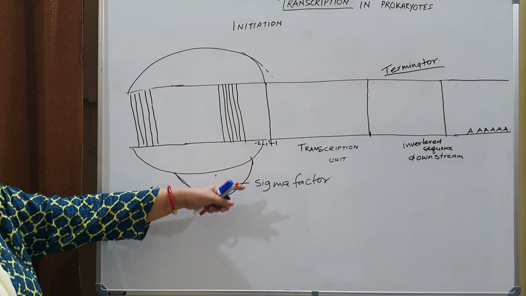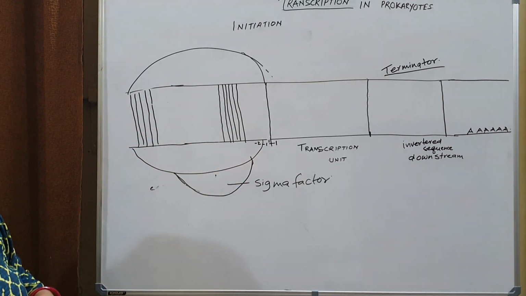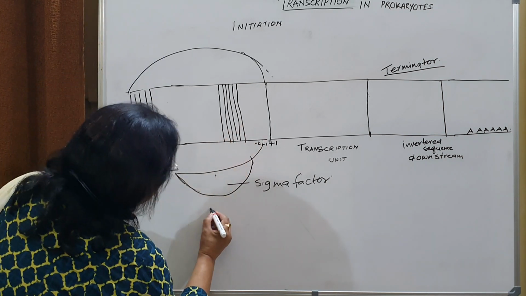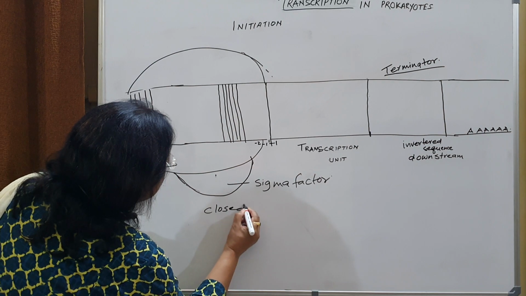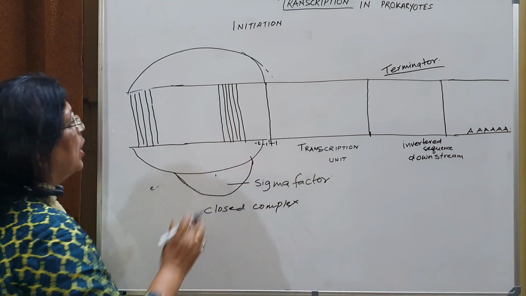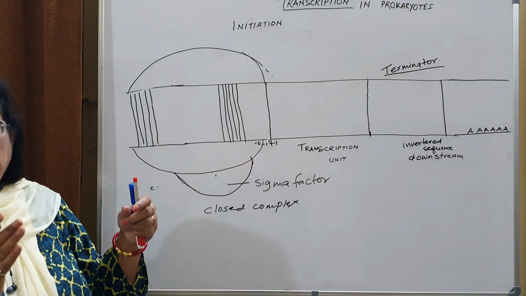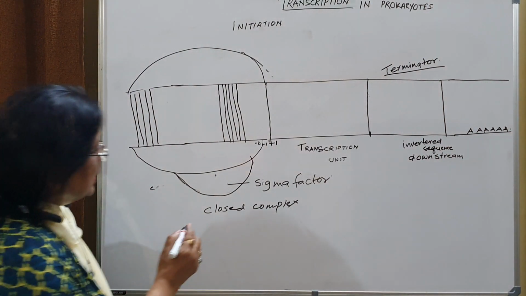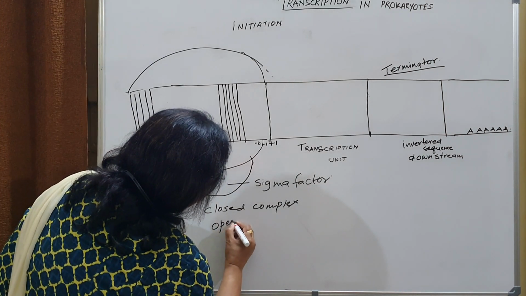The sigma factor is able to recognize the promoter. So in the beginning it is a closed complex, but later on the hydrogen bond between the nucleotide bases starts to melt, and then an open complex is formed.